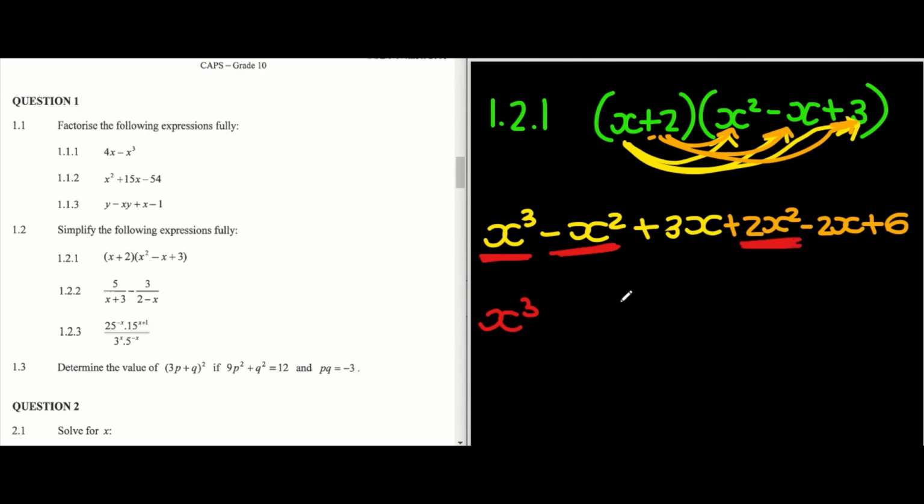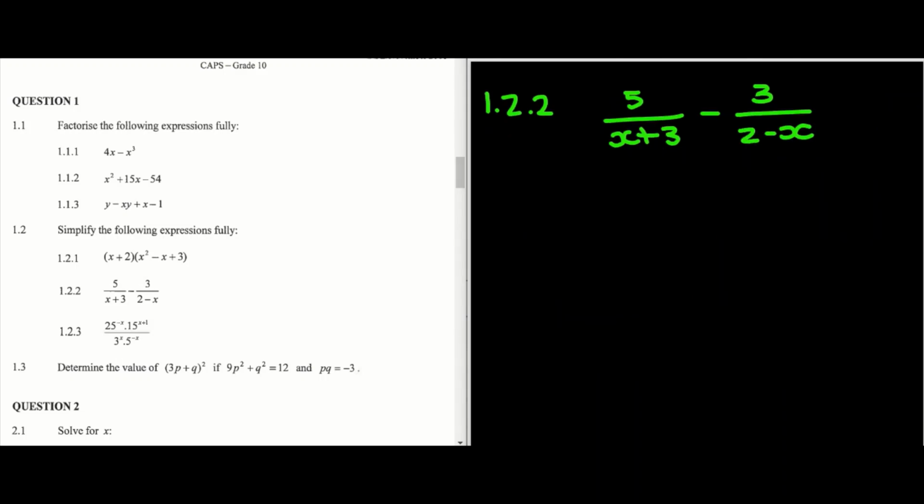So minus 1 plus 2 gives us positive 1x squared, or just x squared. Then we've got 3x take away 2x. So 3 take away 2 gives me 1x, or just x. And then finally, I've just got that plus 6. And this is actually as far as we can simplify this. We can't add any of these terms, so that is, in fact, our answer.